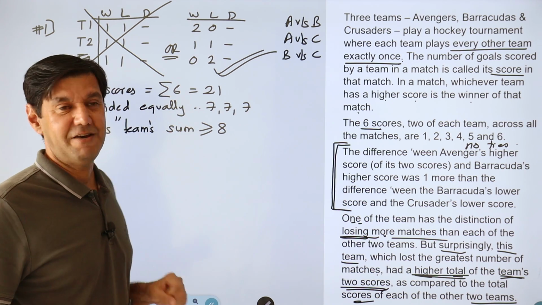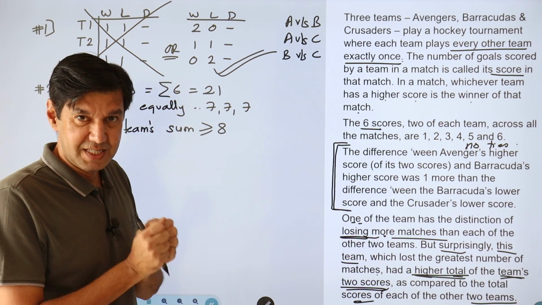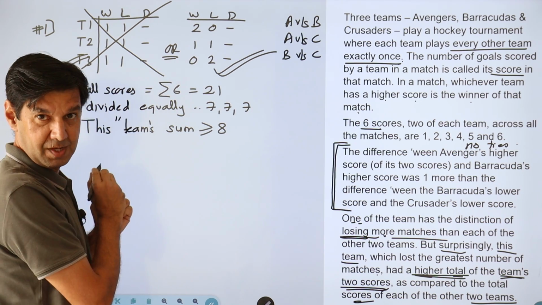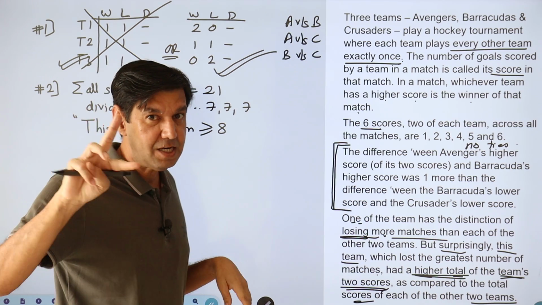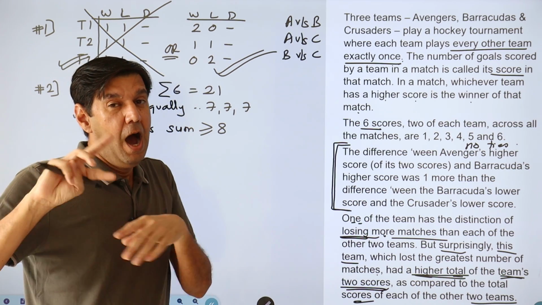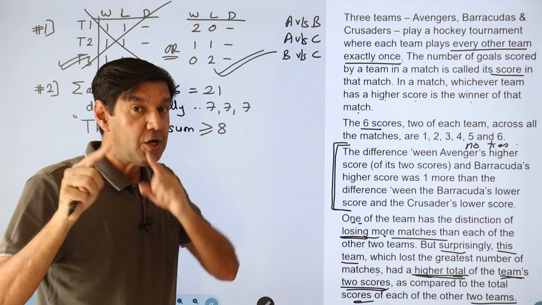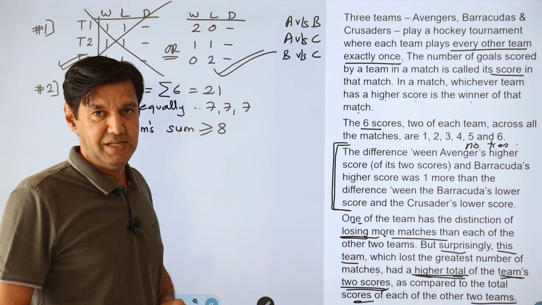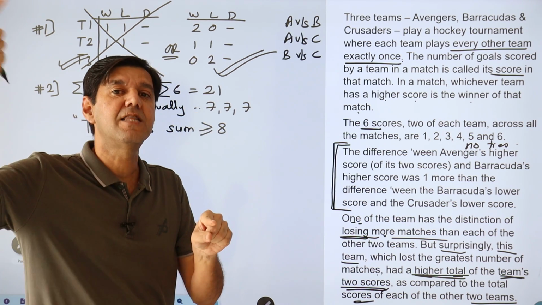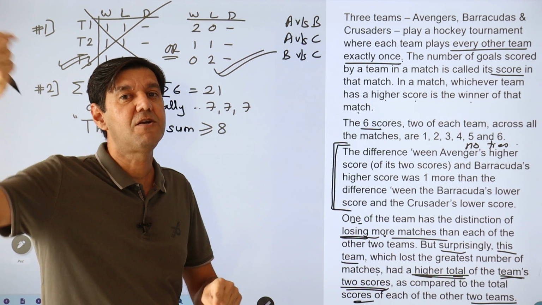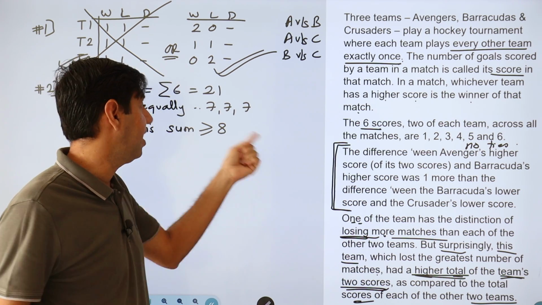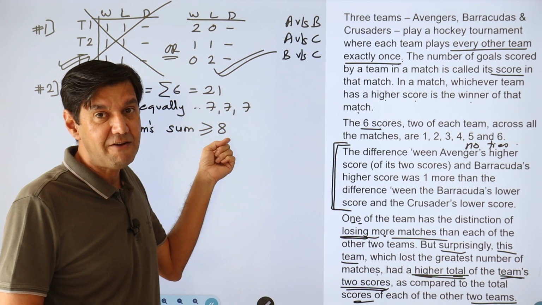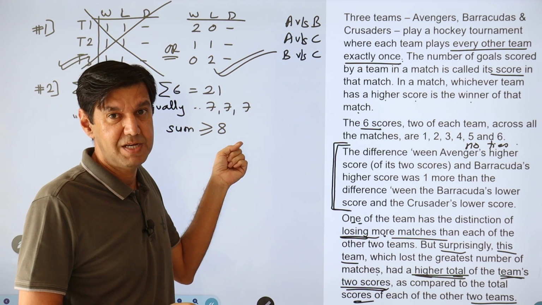It cannot be 7. If this team's sum is 7, then the other 2 will total 14. And if the other 2 total 14, either they'll be tied at 7, 7, or one of them will be more than 7. If one becomes 6, the other will become 8. If one becomes 5, the other will become 9. Because the sum has to be 14. And if there's an 8 or a 9, then this team will not have the highest. We started with this team being 7.